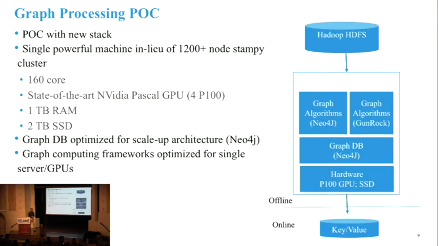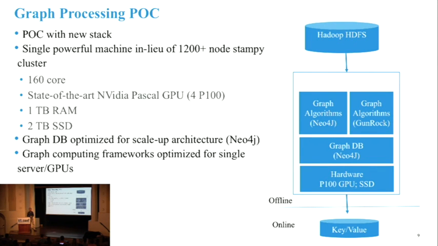So we started doing a quick POC with the stack which I laid out. Right now, at the hardware layer, what we use is GPU-based: NVIDIA's Pascal. It's state of the art, but they already have Voltas out, which we're in the process of procuring. It's HPC GPU-based computing from NVIDIA, and in this hardware we have SSDs.